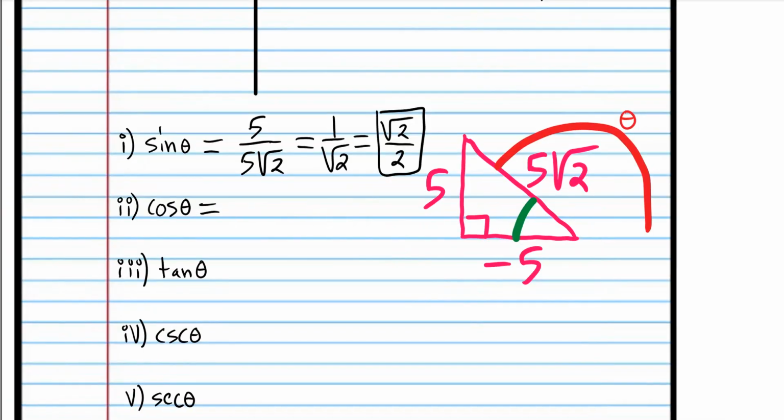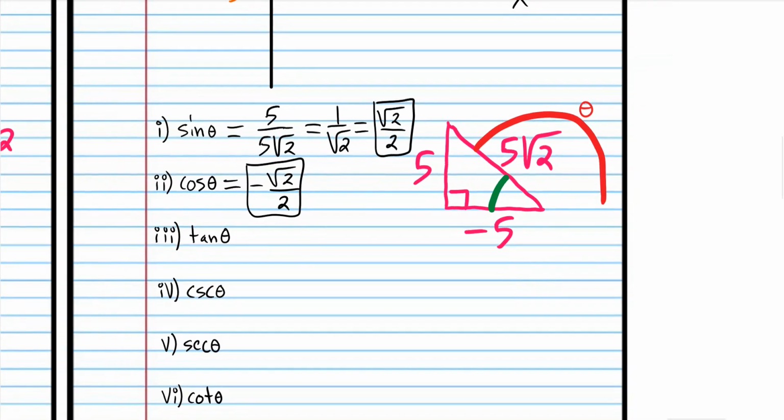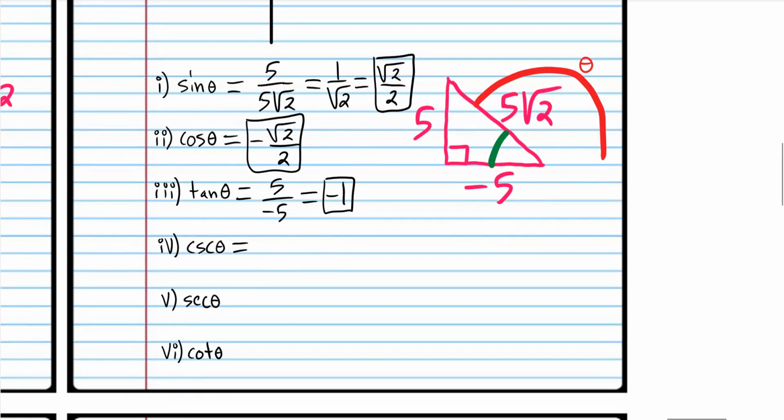Cosine is going to be the same thing, except it's just going to be negative, because the adjacent side is negative 5. Tangent is a side opposite the green reference angle divided by the side adjacent, so we get negative 1. Cotangent is going to be the same thing as tangent, negative 1.